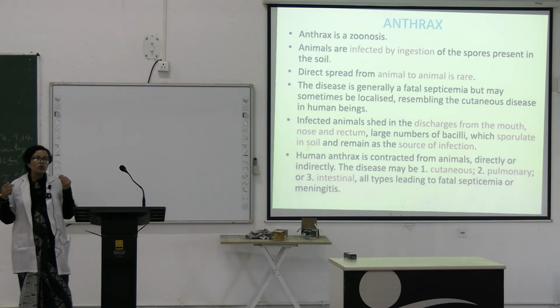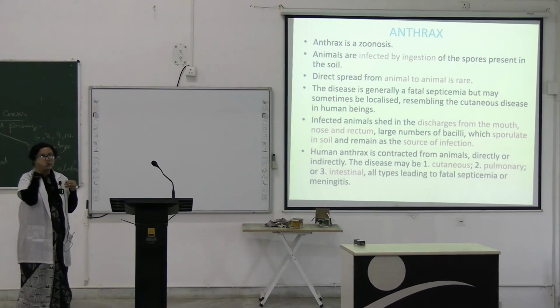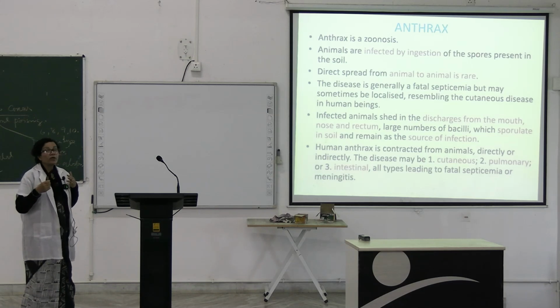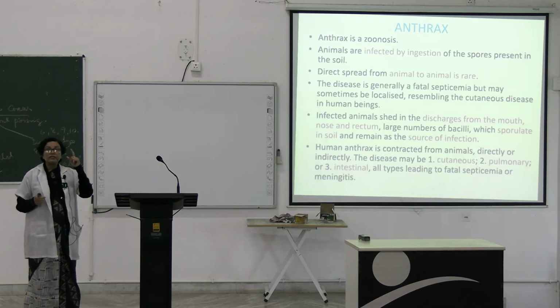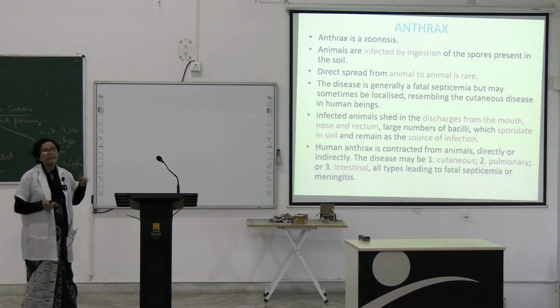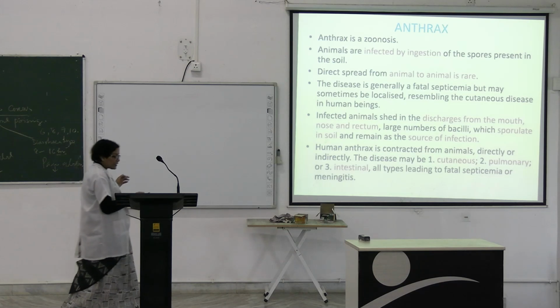Once the spore enters, ultimately via blood it will circulate all over the body, that is bacteremia, and when it multiplies, it is called septicemia. Septicemia is a fatal condition when it reaches the brain, leading to meningitis. Once meningitis occurs, it is very difficult to save the patient, so ultimately there is meningitis.